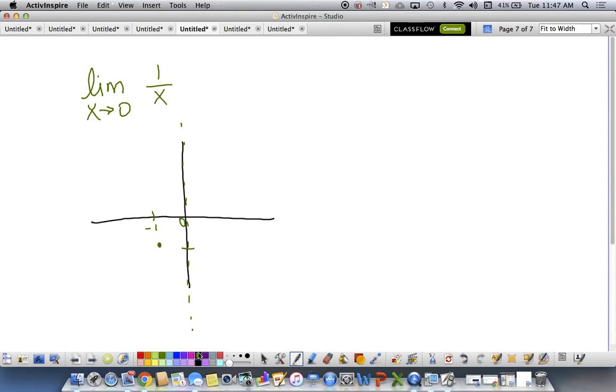If I plugged in a fraction, like -1/2, and then took the reciprocal, what do you get? -2. So I'm thinking the answer is already -2.